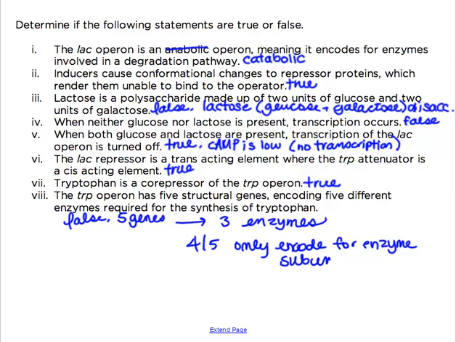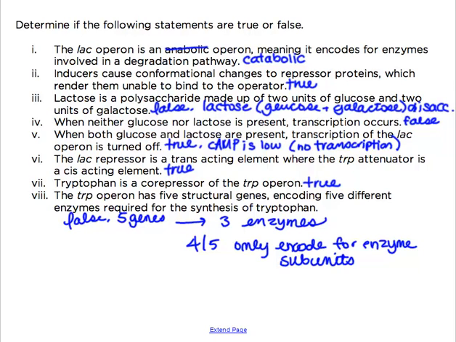So once all 5 genes are translated, 4 out of the 5 of them, I think it's 2 of them, form together to form one enzyme, and then another 2 form to form a different enzyme. So altogether you get 3 enzymes that are in the biosynthesis pathway to make tryptophan.